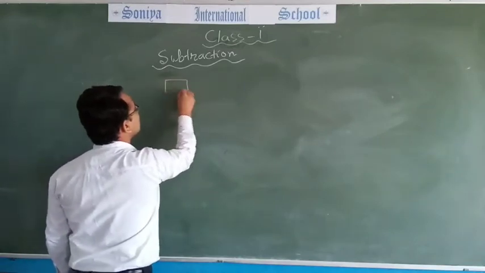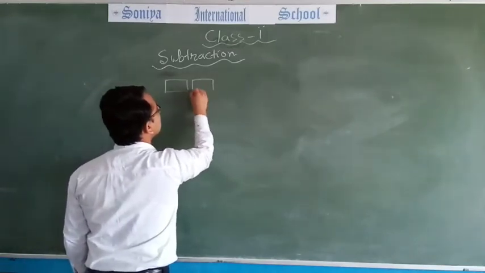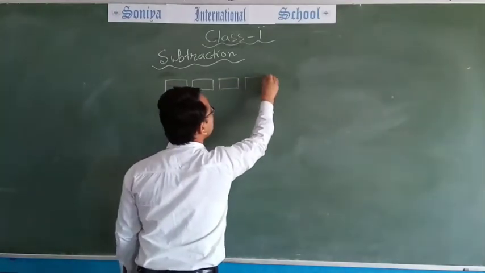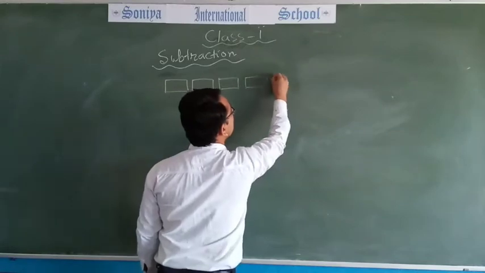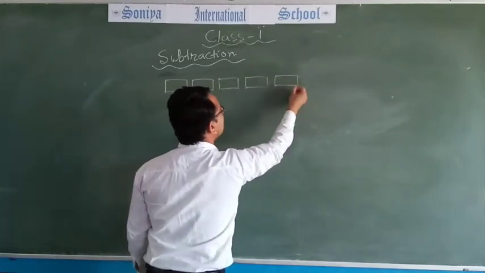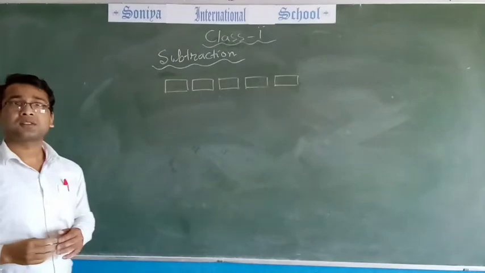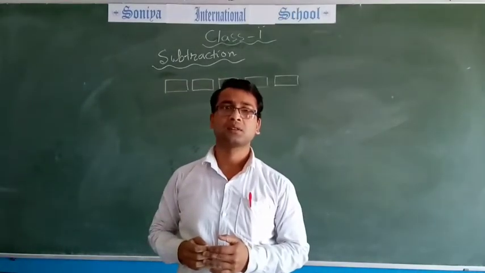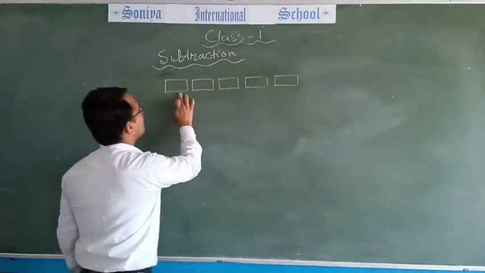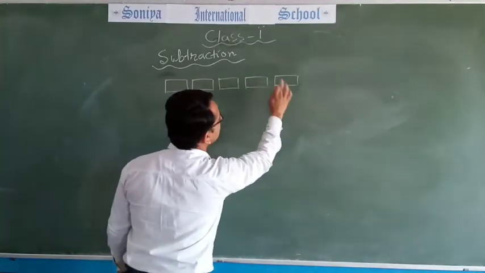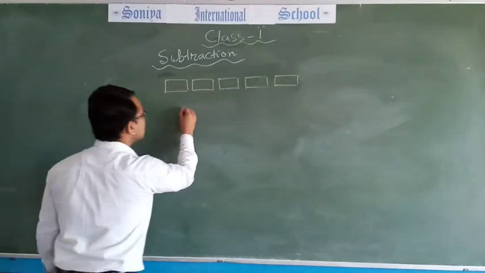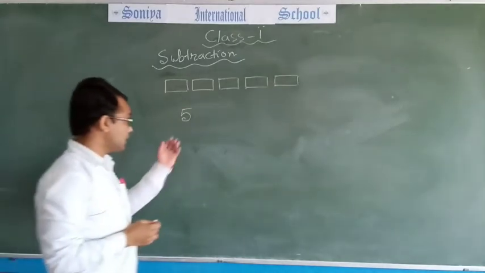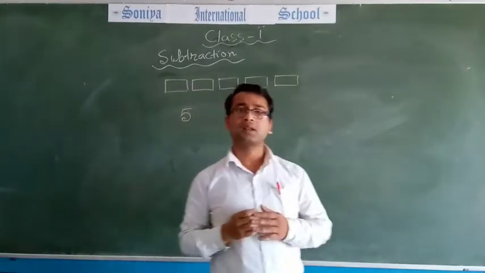Some rectangles. There are some rectangles. How many rectangles? Let's count. 1, 2, 3, 4 and 5. 5 rectangles. Take away 2 rectangles.